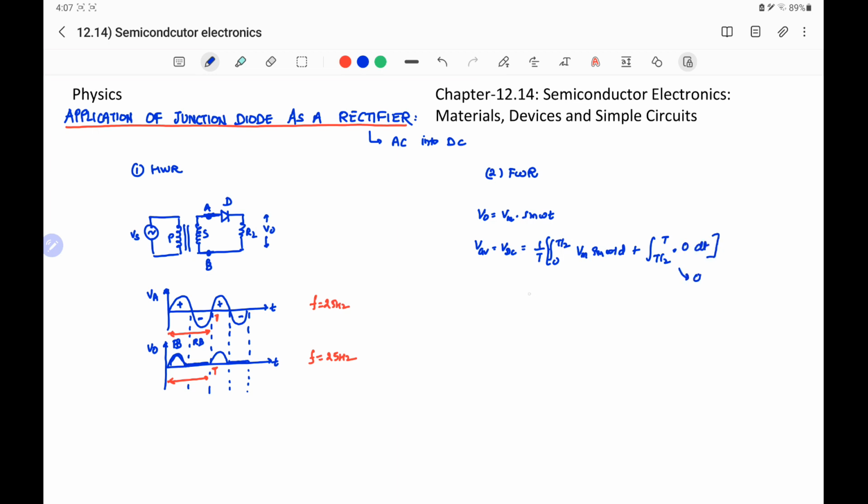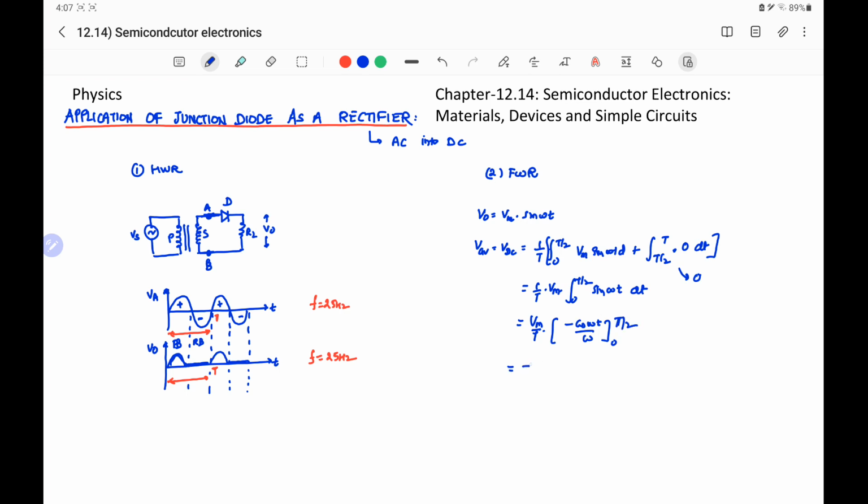This integral will be 0, therefore we have 1 by T into Vm integral 0 to T by 2 sin omega t dt. The integral of sin omega t is minus cos omega t by omega, and the limits are 0 to T by 2.